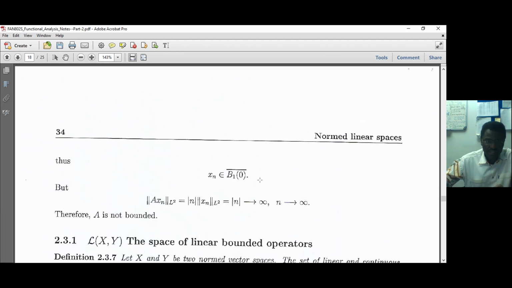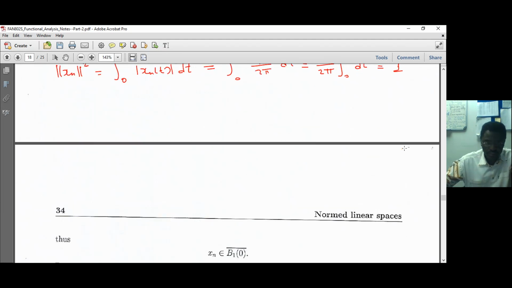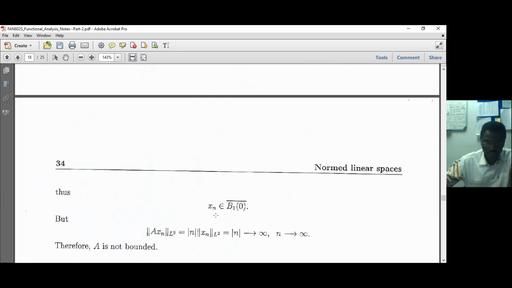So all the xn's are, that's exactly what it means, right? It means that this is on the unit ball there. So it's on the closed unit ball. It's not inside, but it's at the boundary of the ball. In fact, we call that a sphere. Here you have the ball, that is everything inside.